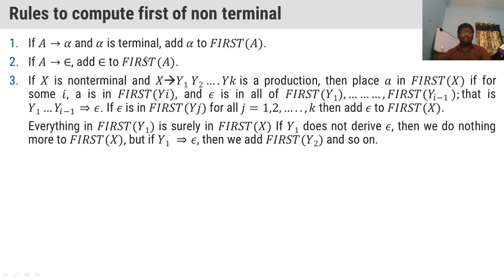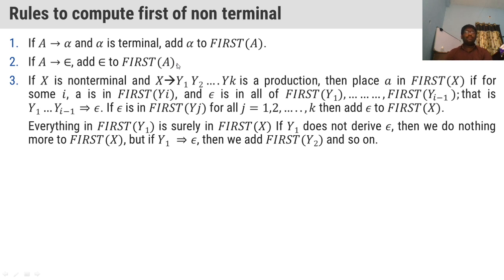You see the rules first. If any production is in the form of A implies alpha and alpha is a terminal, suppose on the right hand side any production starts with a terminal, then we will simply add that first symbol of the right hand side to the first set of that particular non-terminal.